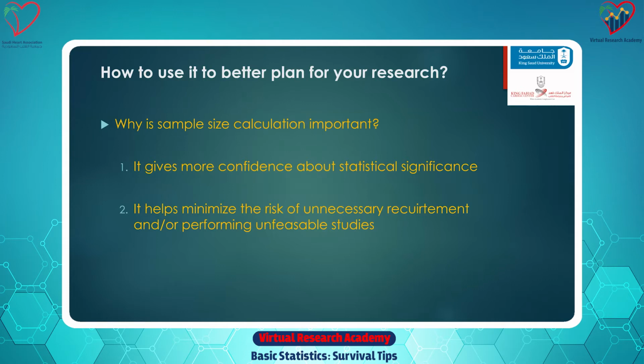So it gives us more confidence that this is a true finding, a true difference. The second important point is that it helps minimize the risk of unnecessary recruitment and/or performing unfeasible studies. Sometimes you're just not going to have the statistical power to show the difference, or you might not need as many events as you think.